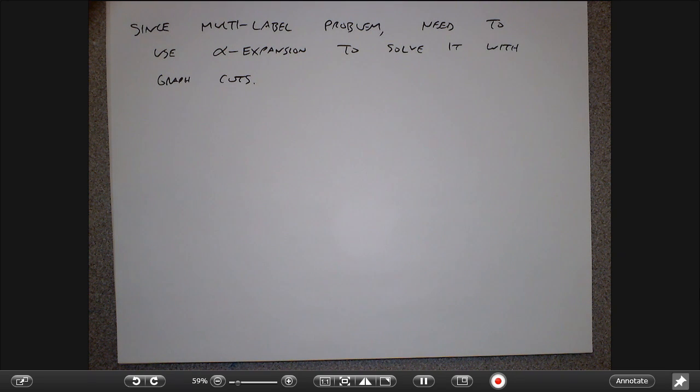And I keep looping through this process until all the labels have settled down. In the two-label case, we have explicit guarantees that the labeling will converge to the global minimum. In the multi-label case, we don't have the same guarantees, but in practice it works really well. And it wouldn't stop you from using the algorithm to not have the explicit guarantees.